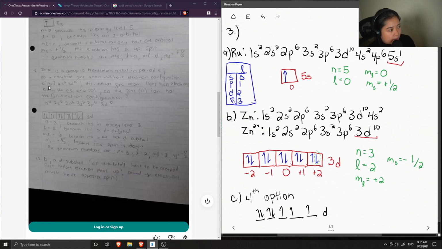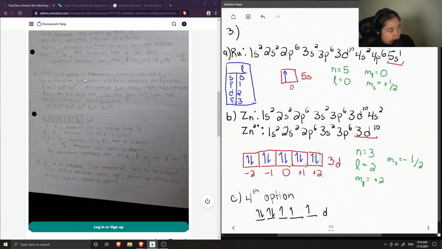Yep. And for zinc is in group 12, a transition metal in period 4. So a neutral zinc atom will have the electron configuration. So this is the short form, which is good as well. Argon 4s2 3d10. The neutral zinc atom loses 2 electrons from the 4s orbital.